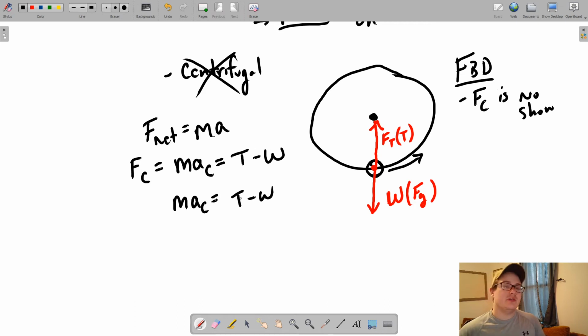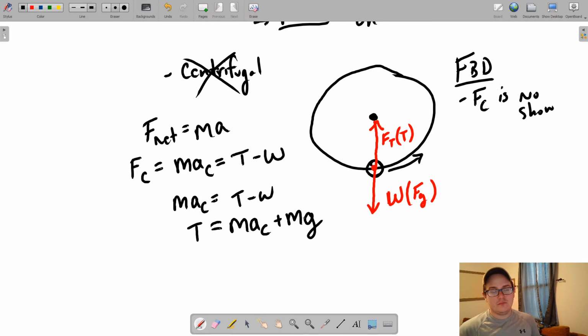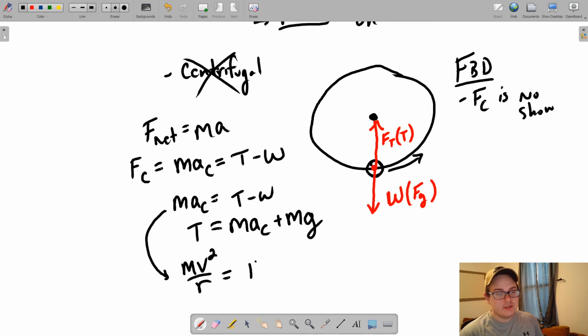Then depending on what you're looking for, say, what is the tension in the string right now? You would say tension equals mass times centripetal acceleration plus mass times gravity. From there, you can manipulate for whatever you're looking for. If you get to this point and you don't have enough variables, like they give you tension and mass, remember we can also break this down and say mass v squared over r equals tension minus mg.